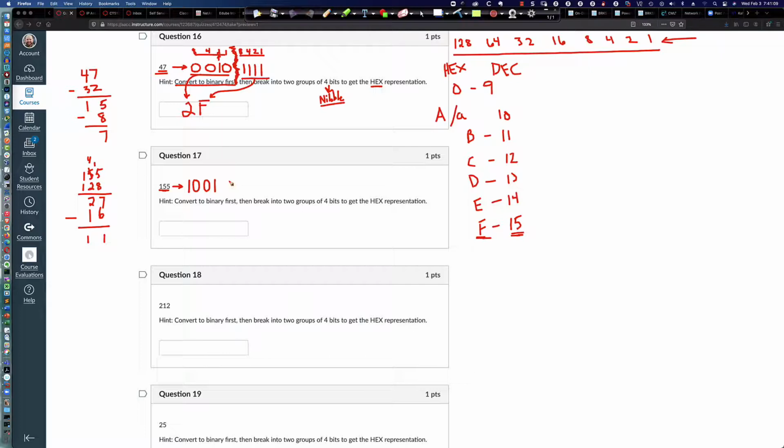So is 8 less than or equal to 11? It is. And that would leave me with 3. Is 4 less than or equal to 3? No. But 2 is less than or equal to 3, which would leave me with a remainder of 1, and then 1 is less than or equal to 1. So that bit position is on.